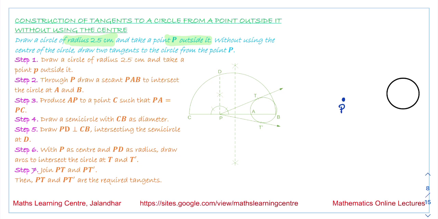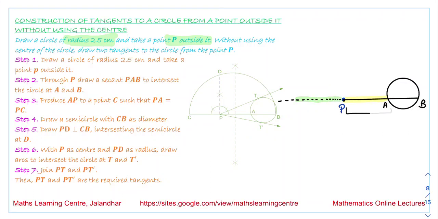So the first step is to draw any secant from P to this circle, and we are naming these points over here as A and B. Now we extend this secant on the other side in such a way that the length on this other side and length PA are equal.